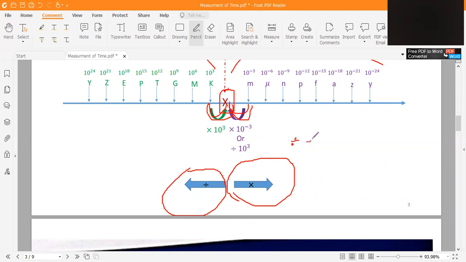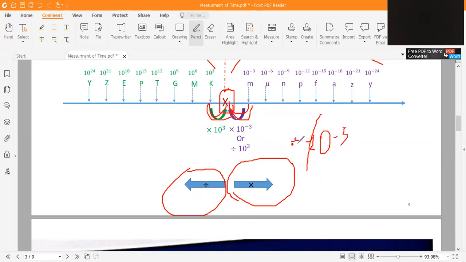Each step is equal to 10 power minus 3 here. So we have 2 steps, so we divide by 10 power minus 3, and then divide by 10 power minus 3 for the second time.